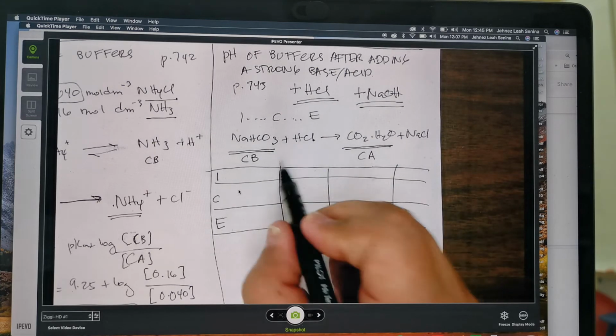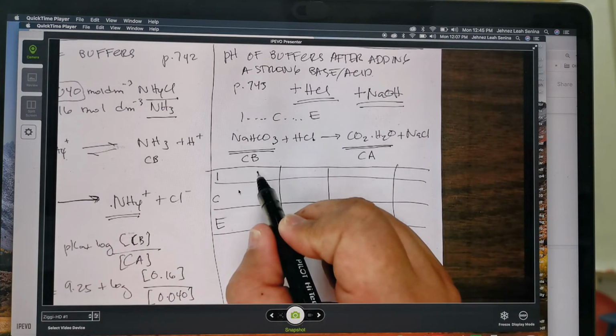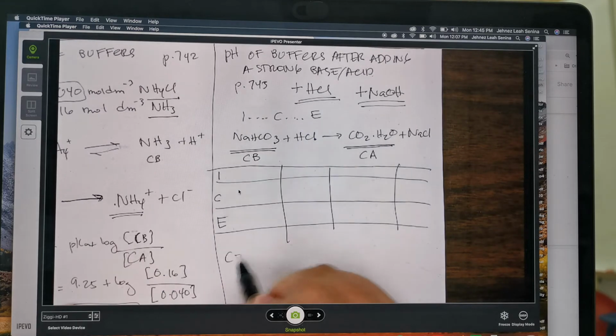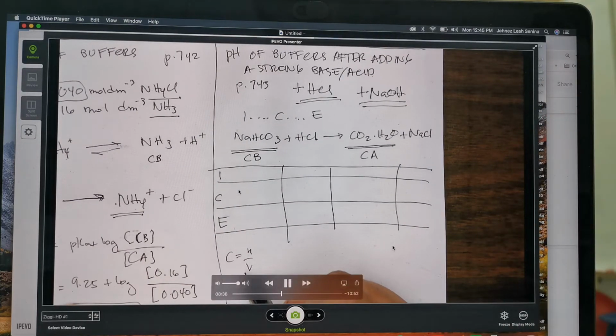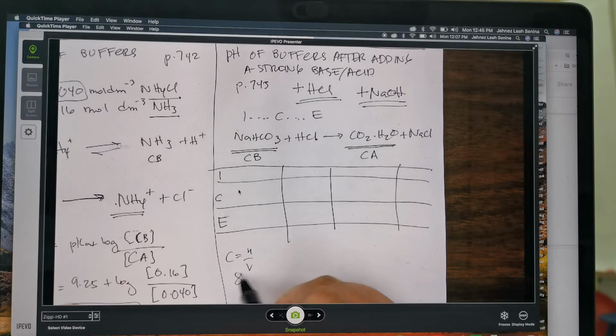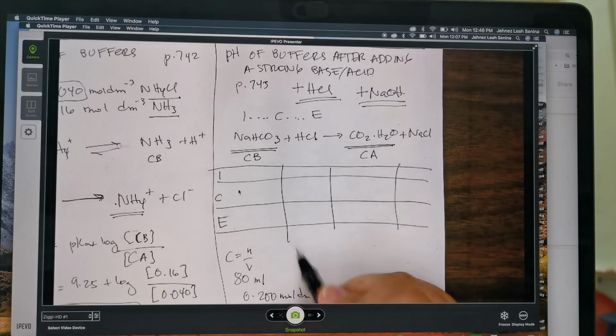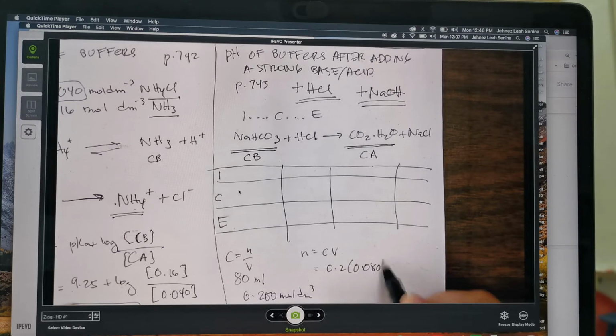Okay, what is the initial mole of your sodium hydrogen carbonate? So this is what you're given. Sodium hydrogen carbonate is 80 mL and 0.200 mole per dm cube. So concentration 0.2 times 0.080.